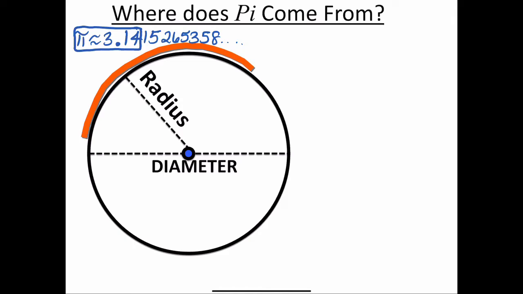And what Archimedes discovered was that no matter how big the circle was, it could have been a really tiny circle, or a big, big circle, a few miles wide, it doesn't matter.